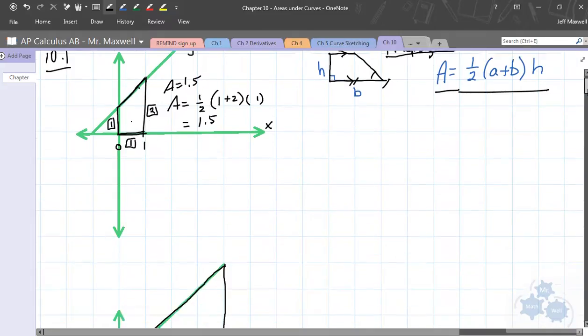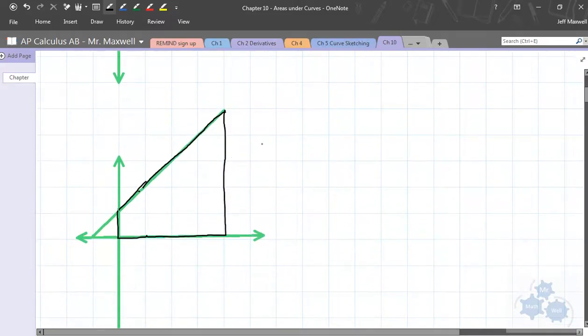I am going to move quickly to a second example where the trapezoid looks a little bit funny. It's still a trapezoid, but we have an area that instead of spanning from 0 to 1 here, is going to span from 0 to 4. All right? This side is still 1. This side is now 5. And this side, of course, is 4.